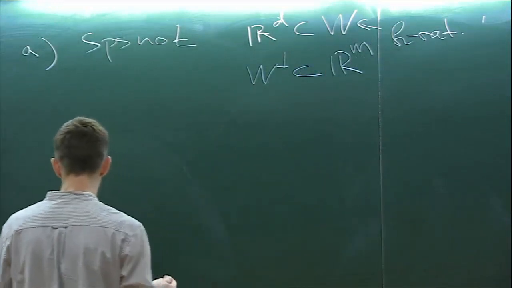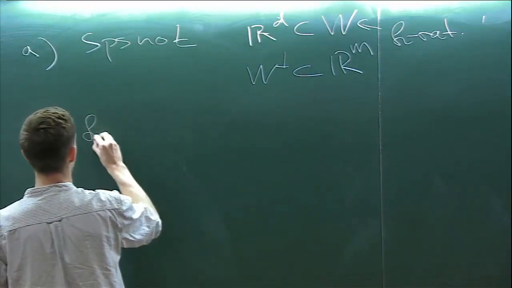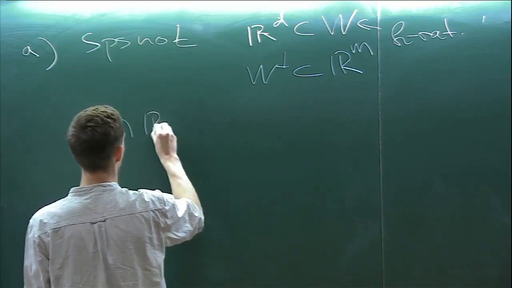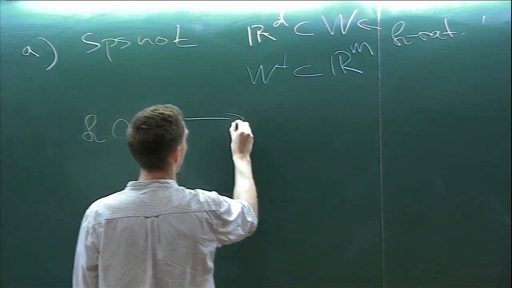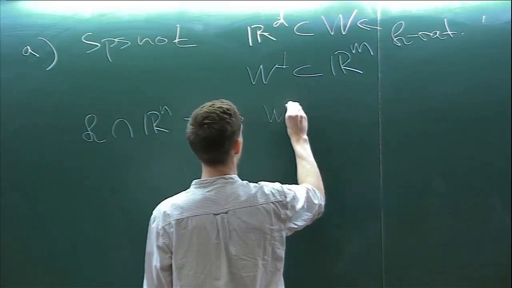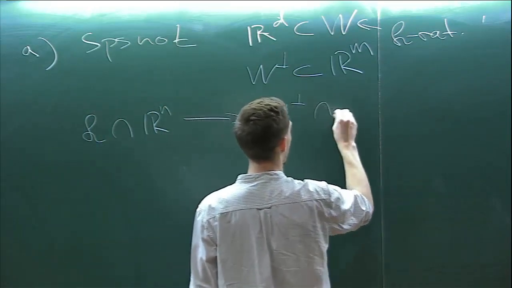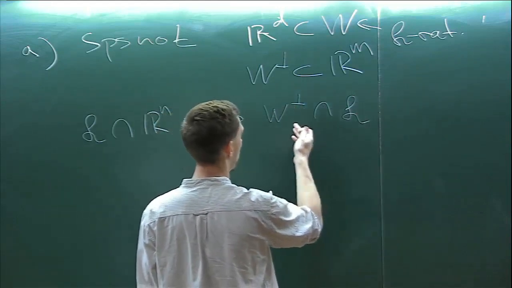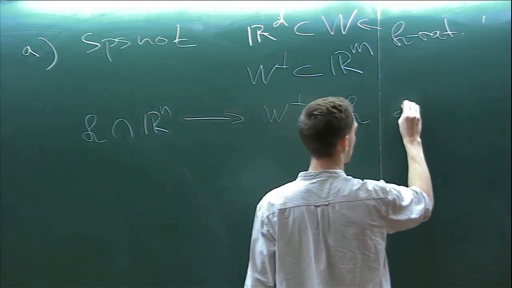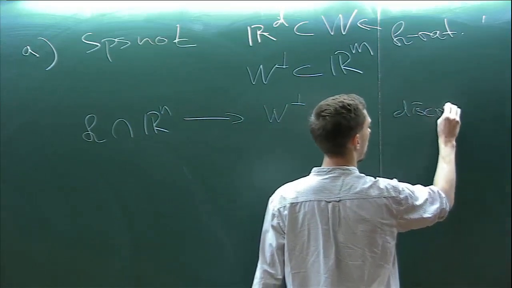And you start looking at the map, right? So the lattice intersecting Rn. We project to the physical space. So by assumption, this is some discrete set.